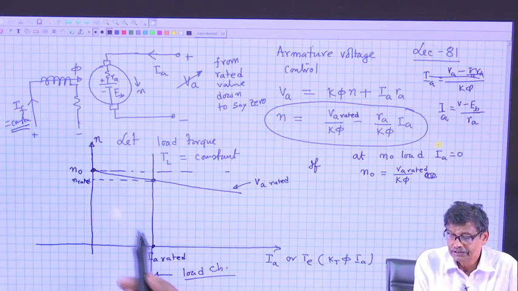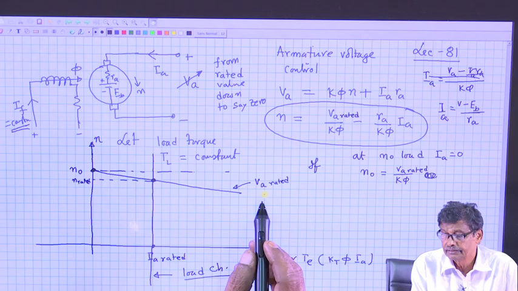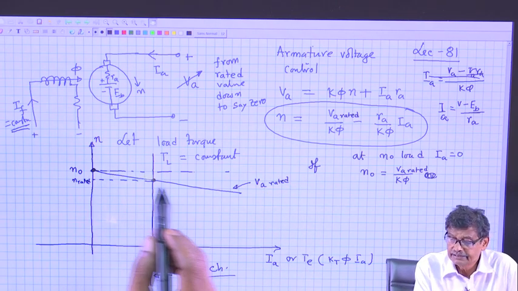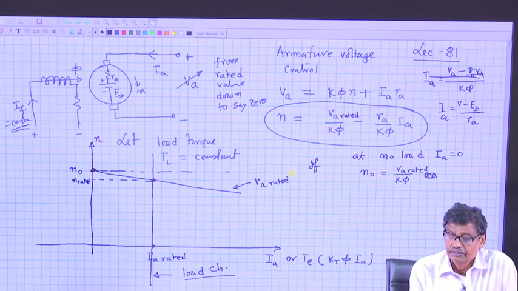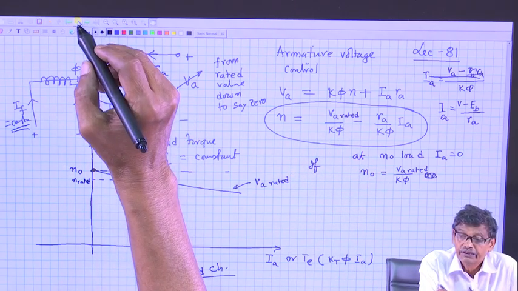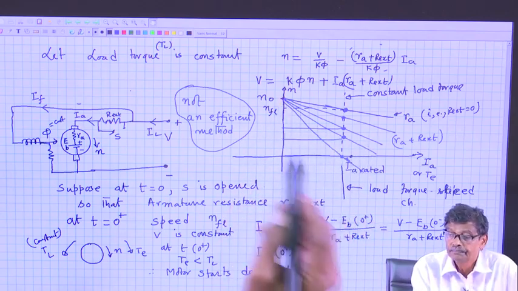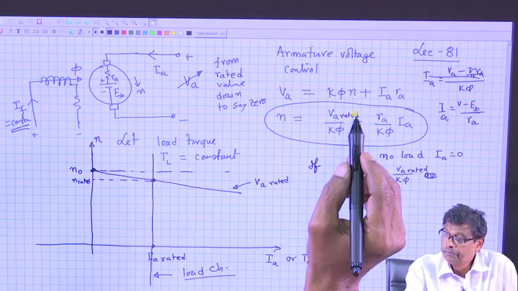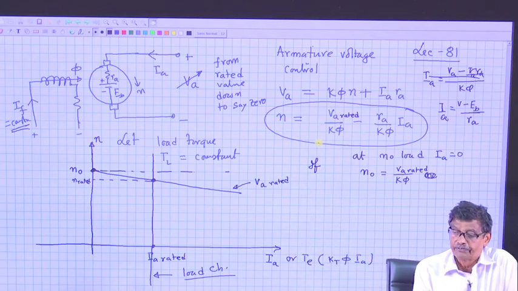Now, the question is, this is the characteristics with V A rated. What will these characteristics look like if V A is reduced? The no load speed depends upon V A by K phi, applied voltage by K phi.